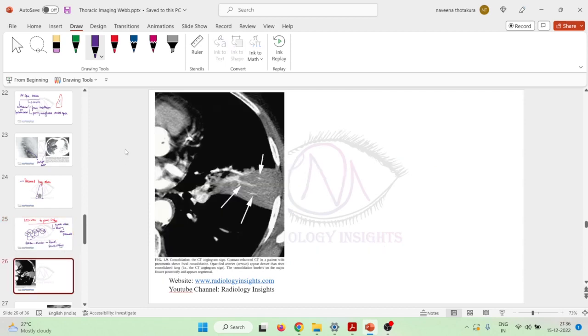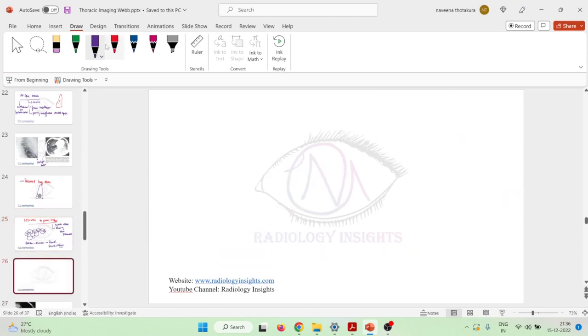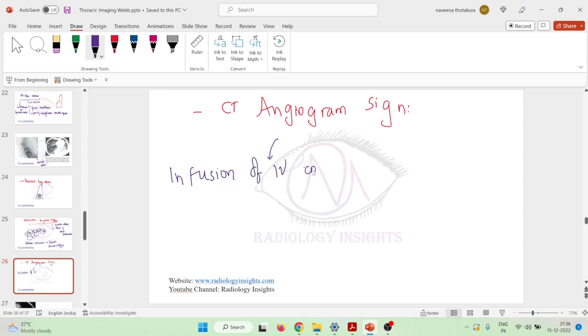Then the last important feature of consolidation is the CT angiogram sign. This CT angiogram sign is seen in patients with consolidation. Here, IV contrast is given to the patient, that is CECT.